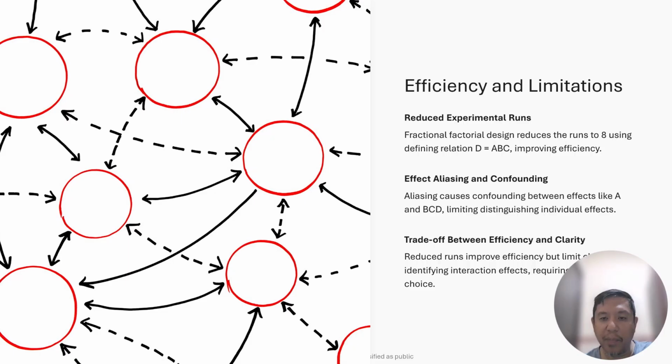However, this aliasing causes confounding between effects like A and B, C, D. So this limits our ability to distinguish individual effects, and we can say that it has reduced runs and improved efficiency, but limits identifying interaction effects and other parameters, which might be important later on.